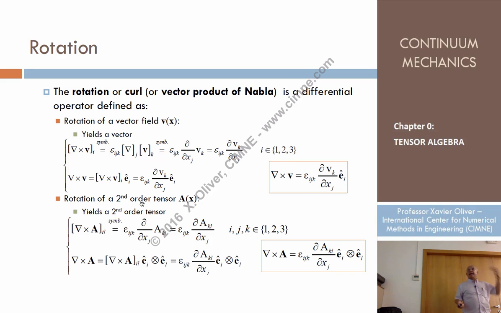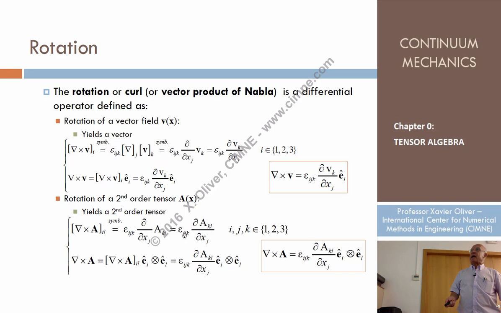And of course, I can extend that to take the rotational of a second order or third order tensor. How? If this is a second order tensor field, I just take the rotation by placing epsilon ijk, the component j of the first, and the component kl of the second.